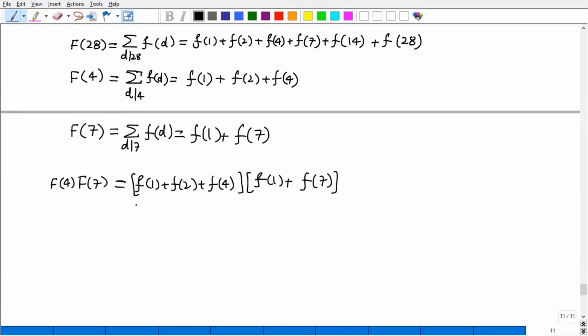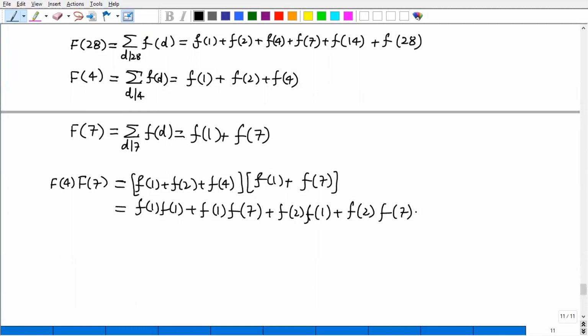This can be written as f of 1 times f of 1 plus f of 1 times f of 7, plus f of 2 times f of 1, plus f of 2 times f of 7, plus f of 4, because we are multiplying.